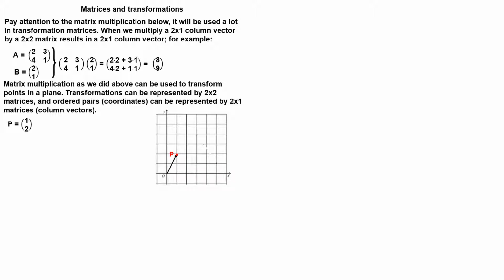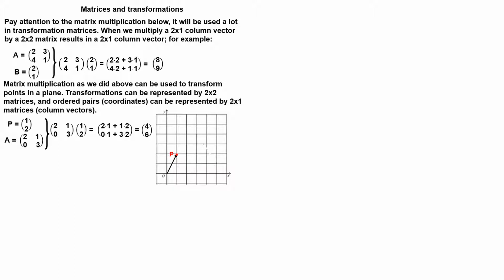Take the position vector P and matrix A. Then multiply this column vector by a matrix and look what happens to the point P. We get a new column vector that represents a new point in the coordinate system.